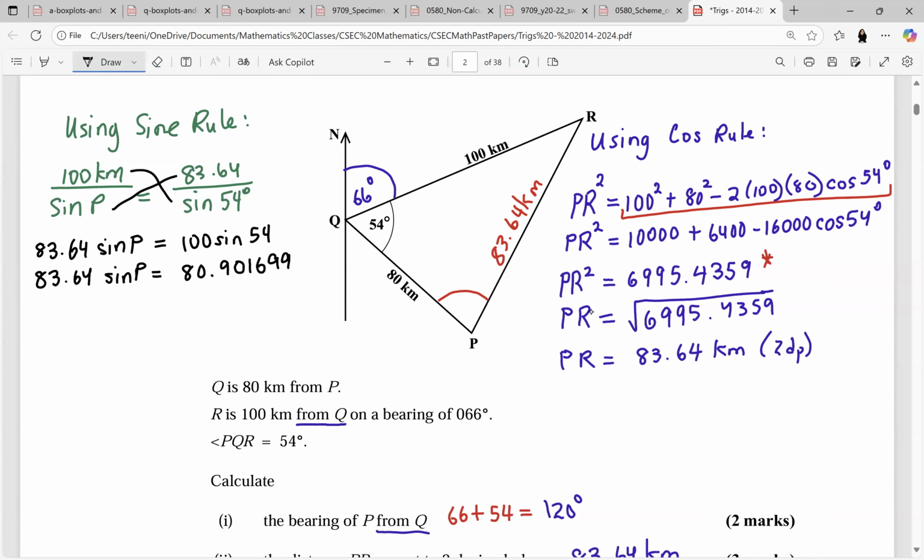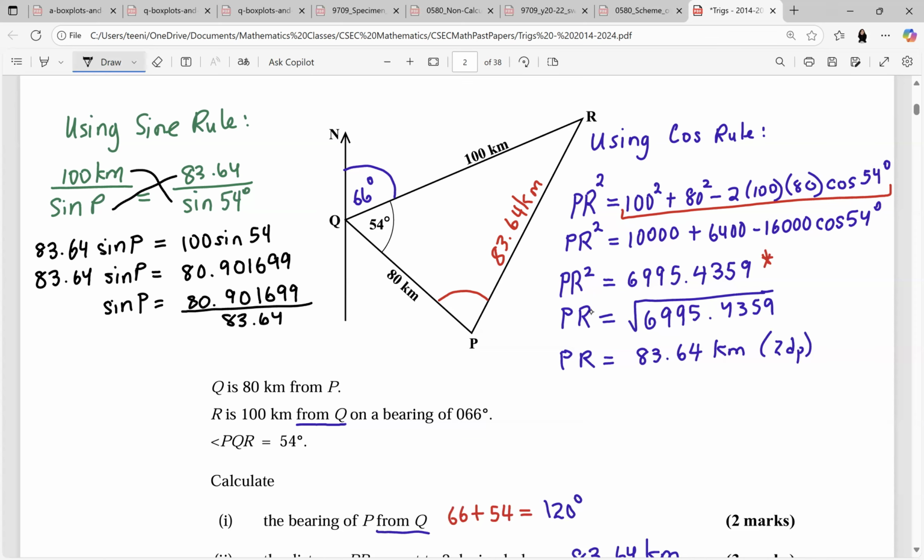When you're doing your calculations, try to use as many decimal places in the calculations themselves and only approximate at the end. This would give you the closest approximation to the answer. So if 83.64 sine P is equal to that, then sine P is equal to 80.901699, all divided by 83.64.